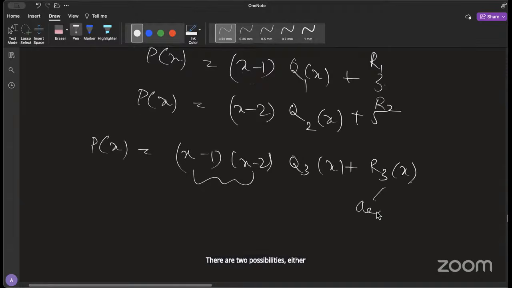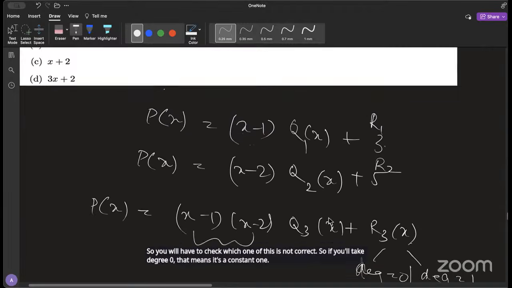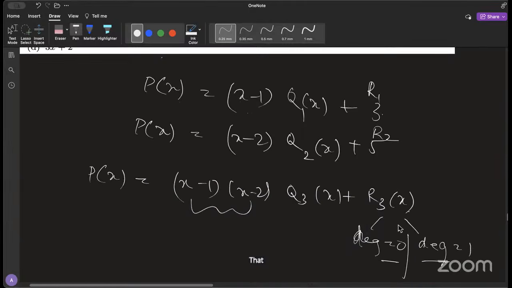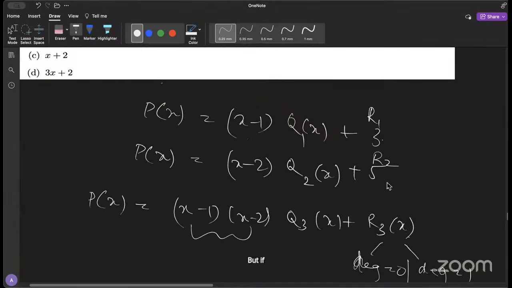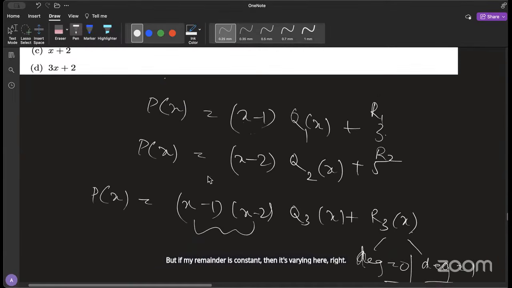So there are two possibilities. Either it has degree 0 or it has degree 1. So you'll have to check which one of these is not correct. If you take degree 0, that means it's a constant one. That means your remainder is constant, right? But if my remainder is constant, then it's varying here, right? Just 1 second.